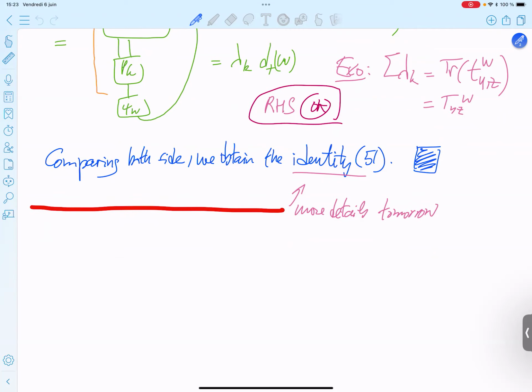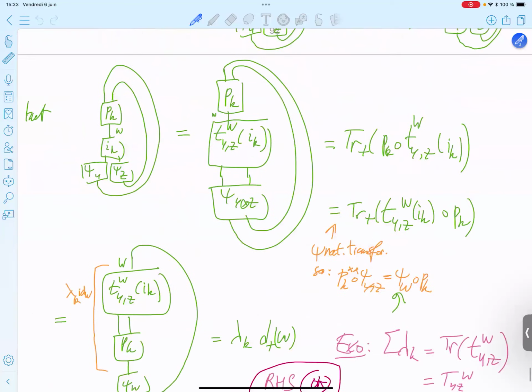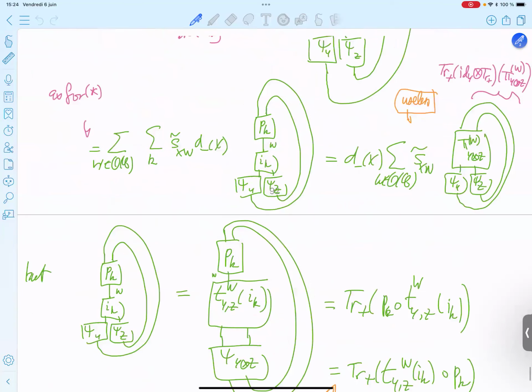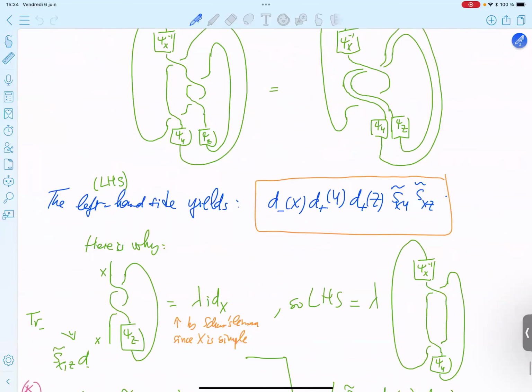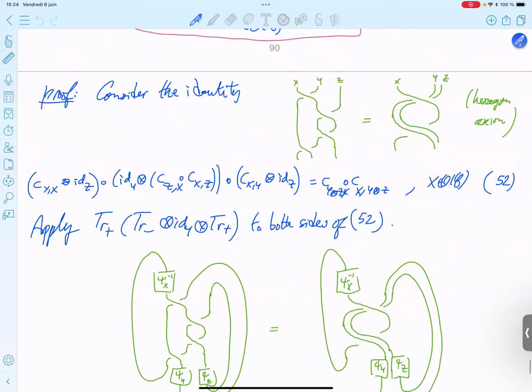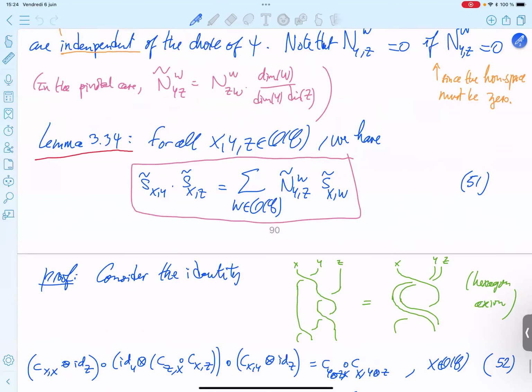And so then next semester we will start section 4 on déséquivalentization. Okay, so yesterday we finished the proof of lemma 3.34, the Verline formula in the non-spherical case.